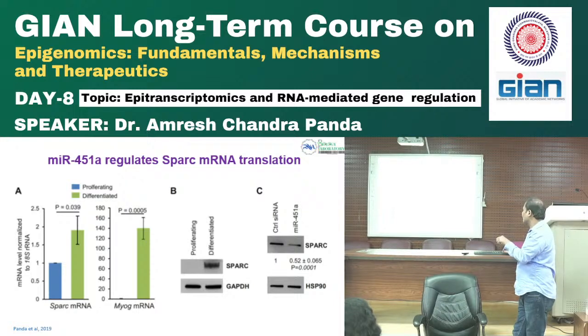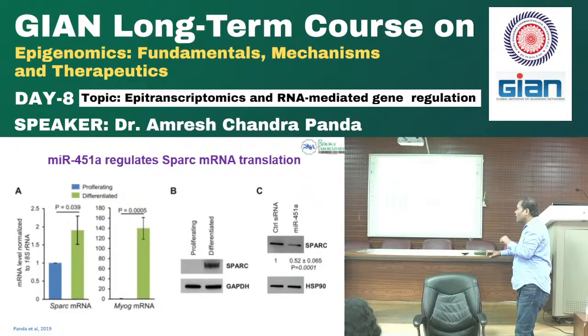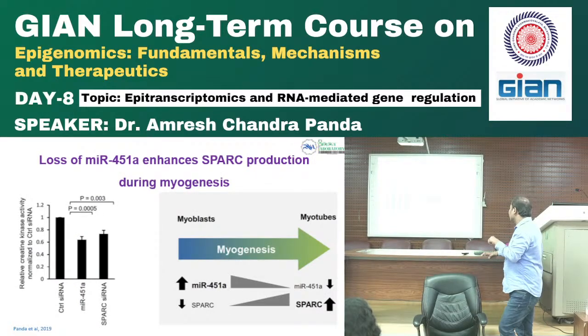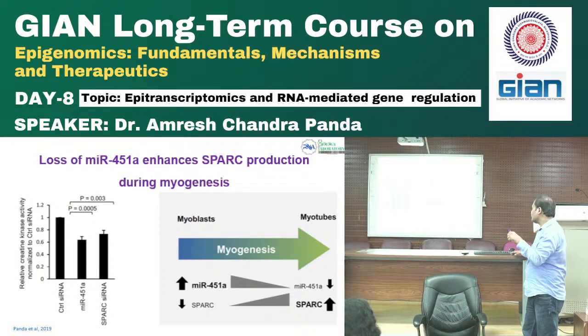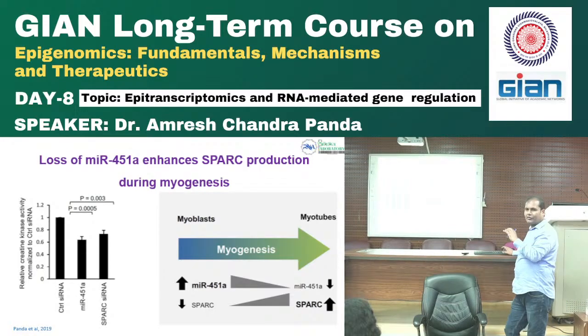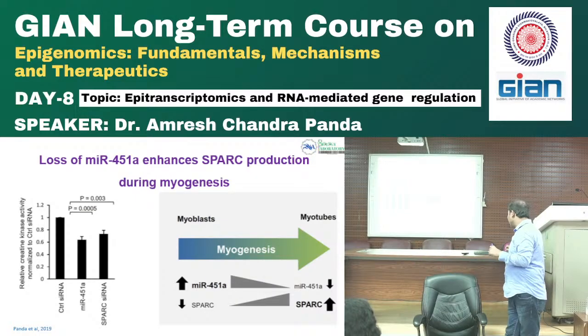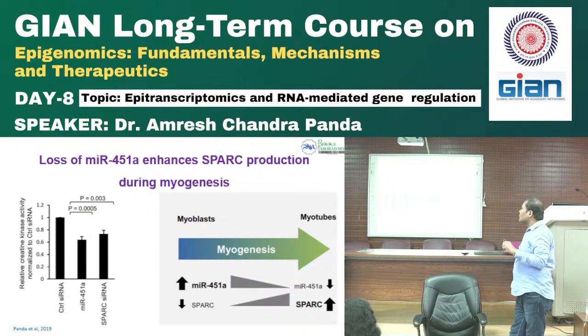So this way we conclude that when you move from myoblast to myotube, this microRNA level goes down, that induces SPARC expression. And that is required for myogenesis. So this is one of the examples from the lab, we published a long time back. So this is one way microRNA can regulate myogenesis.